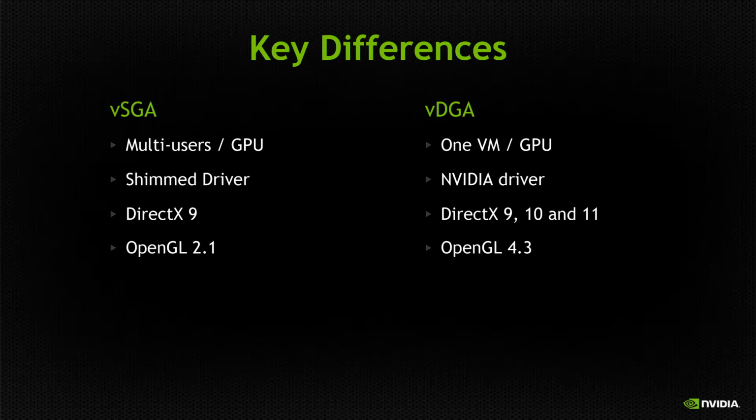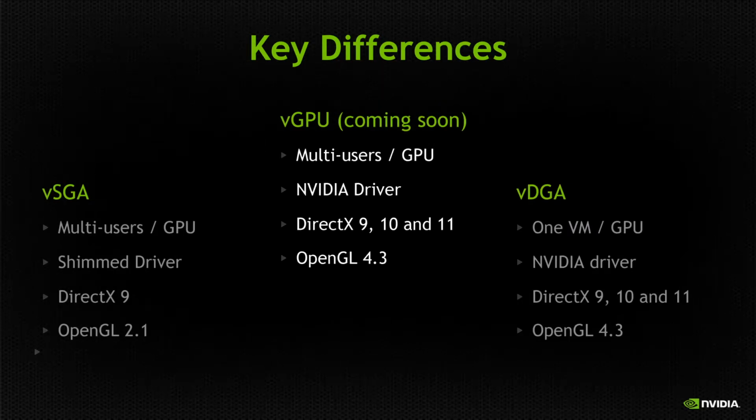At GTC, our event in America, maybe three or four months ago, it was announced that vGPU will be coming for ESX. The current release status needs to be announced by VMware, and hopefully sometime before the end of this year there'll be a formal announcement of when vGPU for ESX will be available.